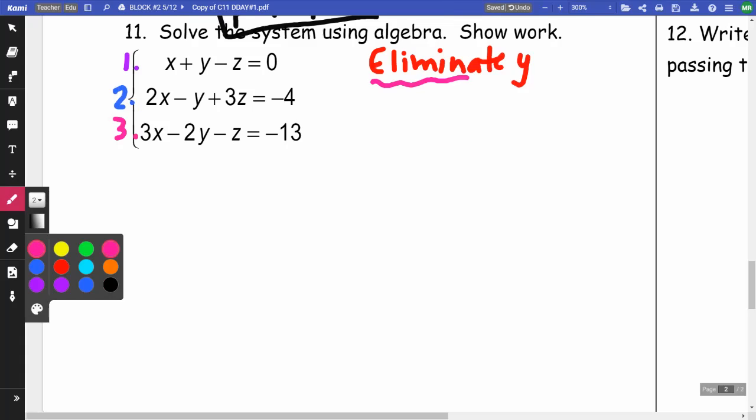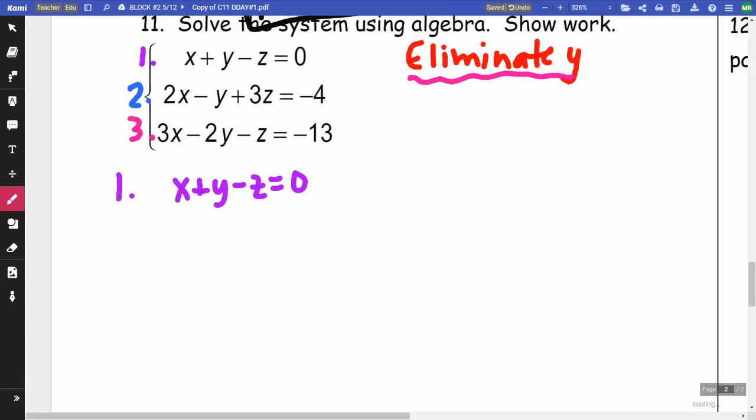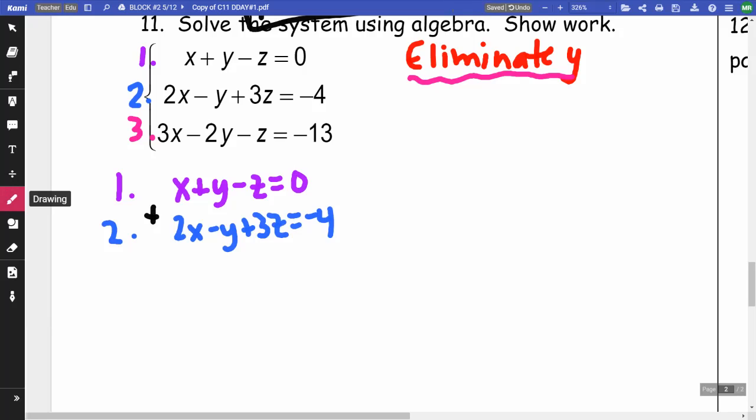And again, I'm going to try to eliminate my y. So if I take equation 1, which is x plus y minus z equals 0, and I take equation 2, which is 2x minus y plus 3z equals -4, my y's are going to automatically cancel out when I just add these two.